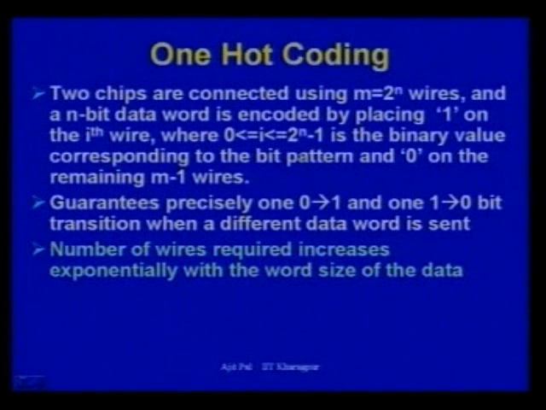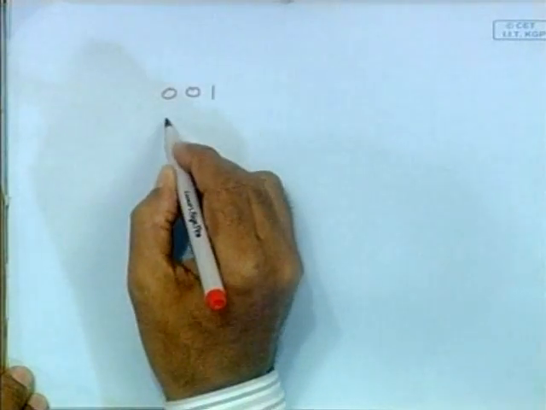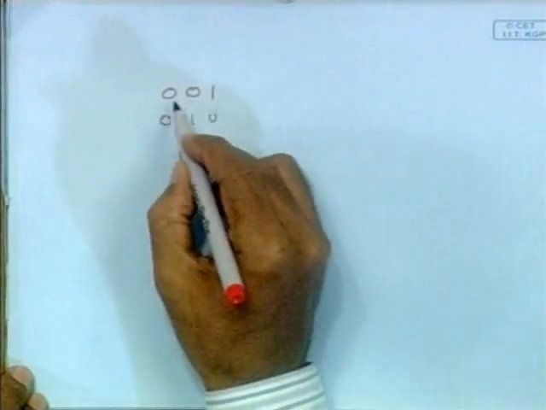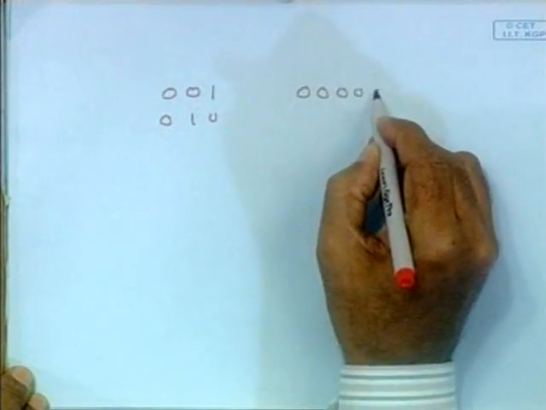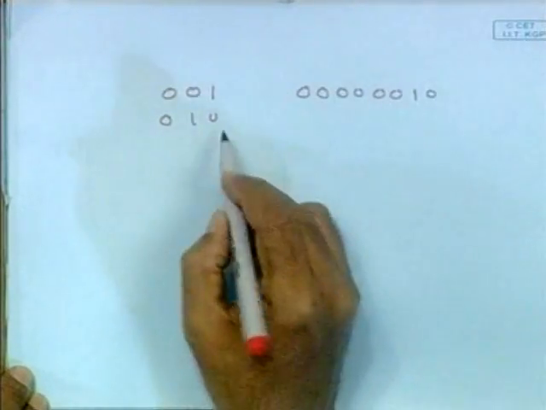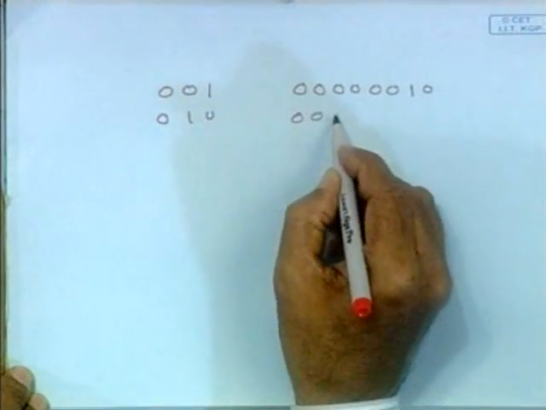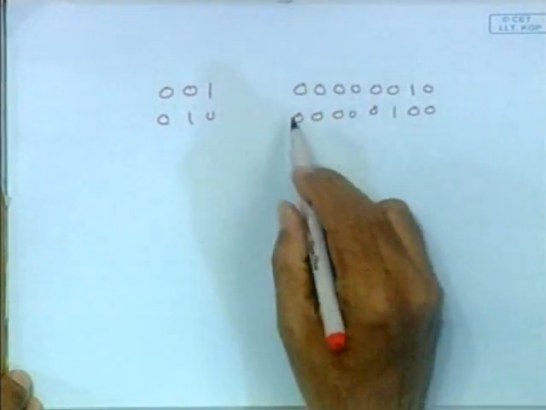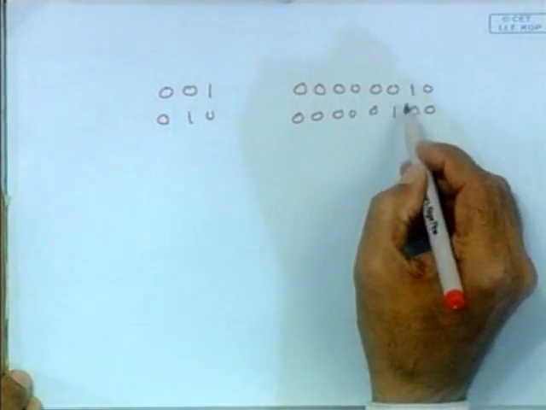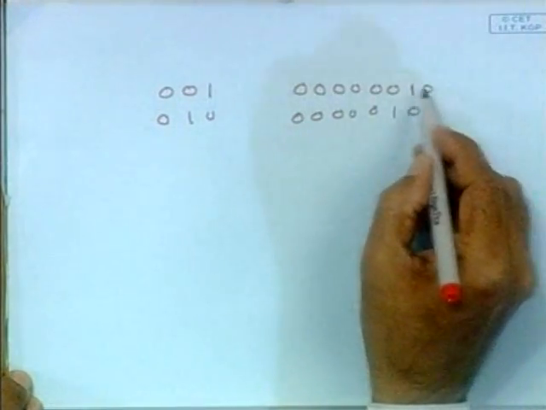In one hot encoding, only one bit is 1 in the code.